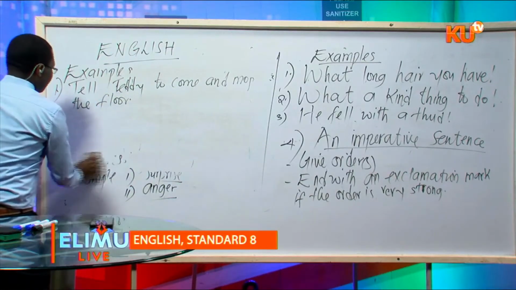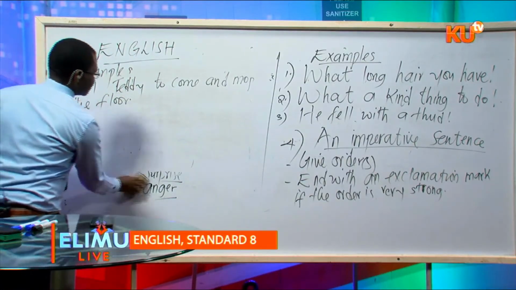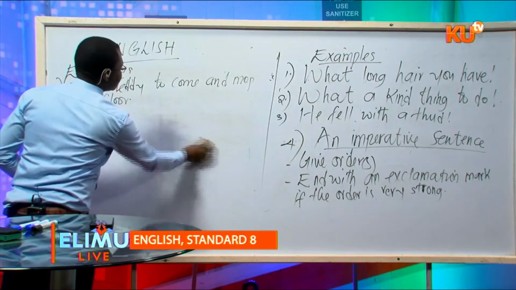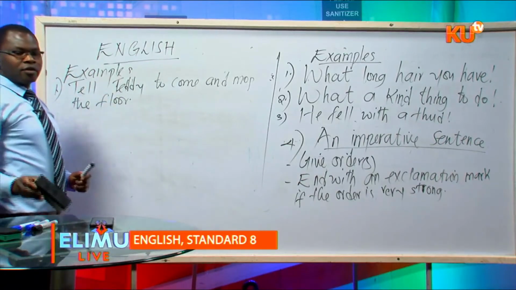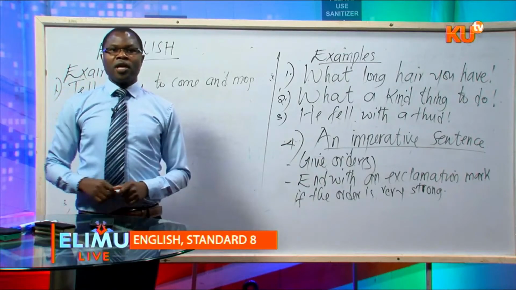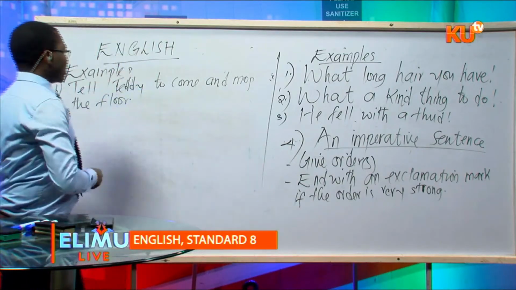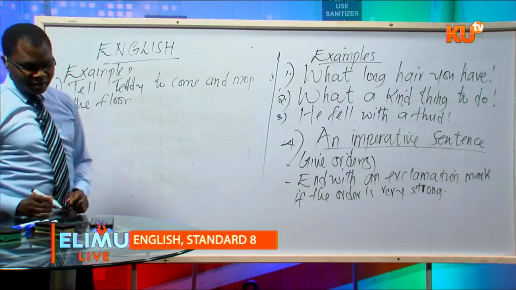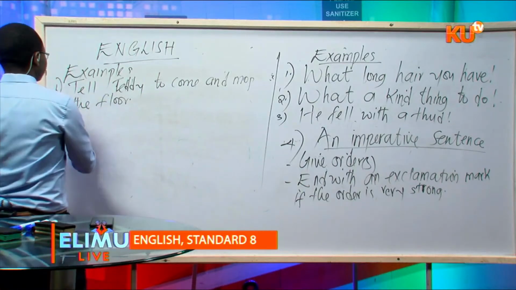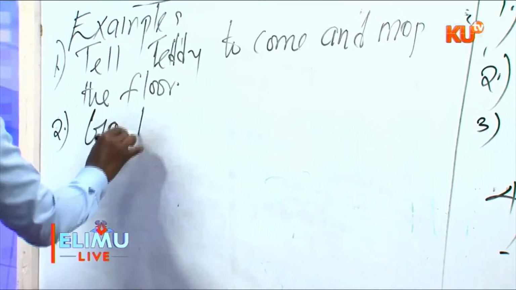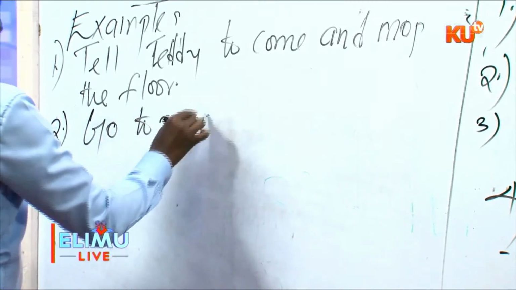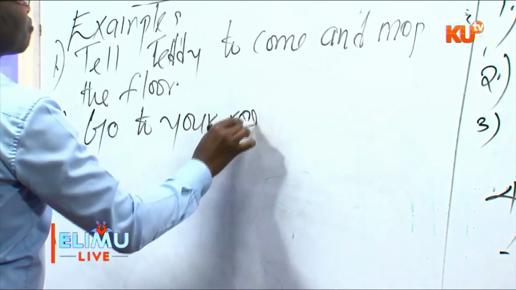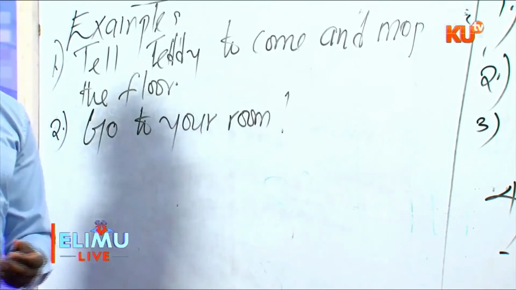Unlike this first example of an imperative sentence where an order is given and it looks light, you don't use an exclamation mark. But the second one is a strong statement. Go to your room! It ends with an exclamation mark.